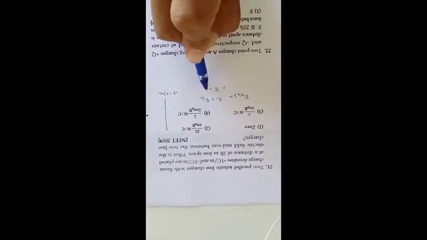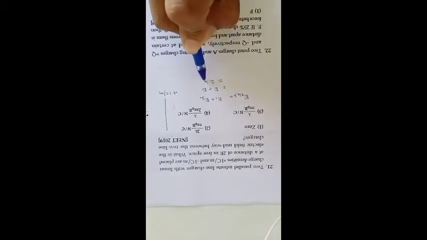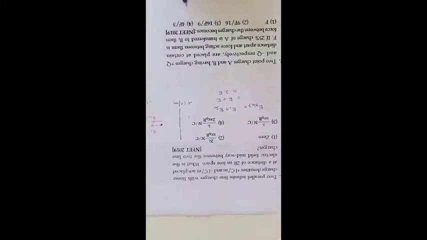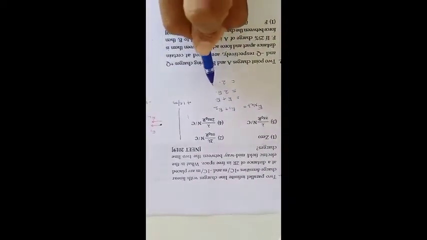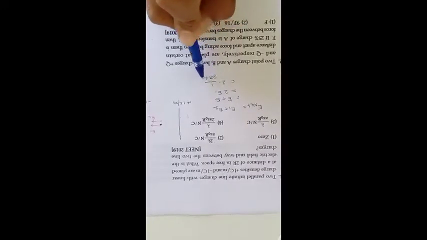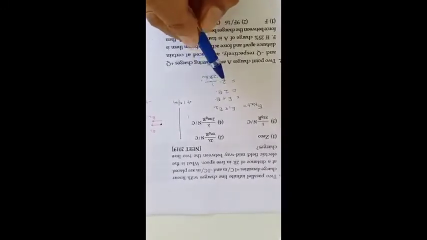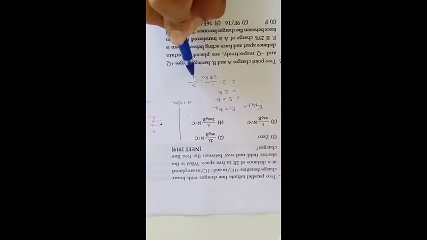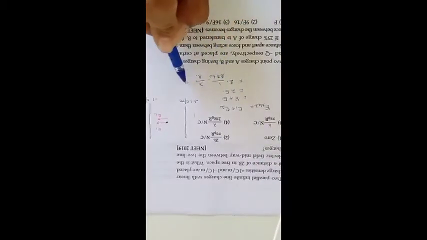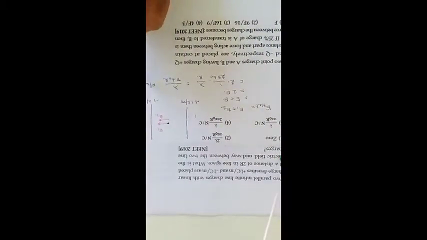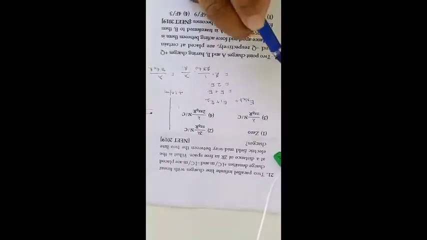These two are the same, E plus E, that will be equal to 2E. 2 into 1 by 2 pi epsilon naught, lambda by r formula. So what we will get? The 2 will cancel, so lambda by pi epsilon naught r, unit is Newton per coulomb.